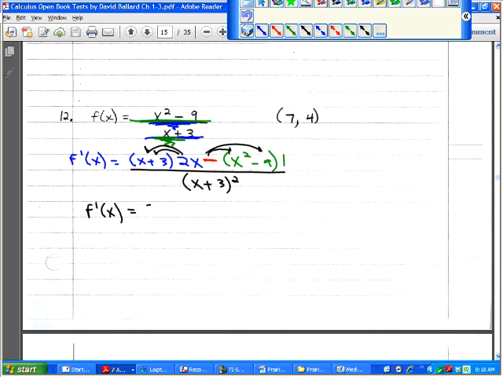And so we're going to have 2x squared plus 6x minus x squared plus 9 over x plus 3 squared.